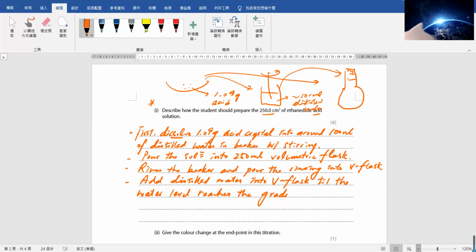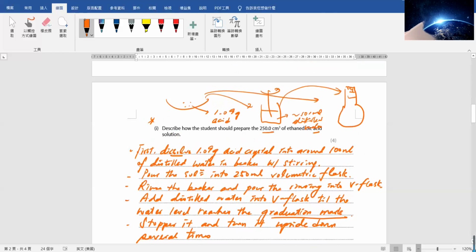Remember, graduation mark is the keyword. And then stop it and turn it upside down several times. Then you will obtain the diluted solution.